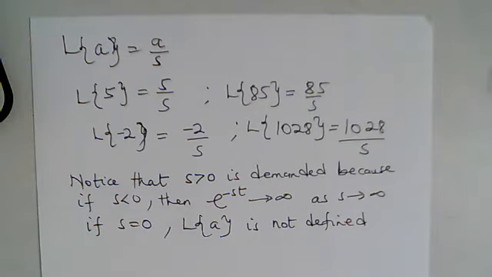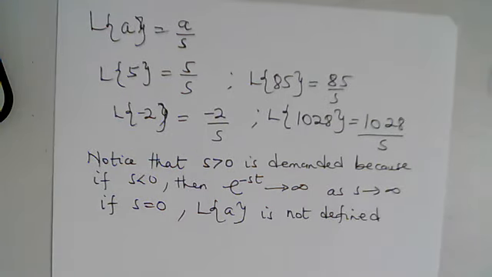So it is important that the s has to be kept positive. All right, so this is how we find the Laplace of any constant. The baseline here is that the Laplace of any constant is the constant over s.